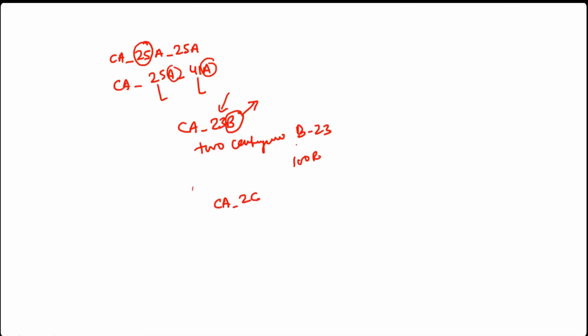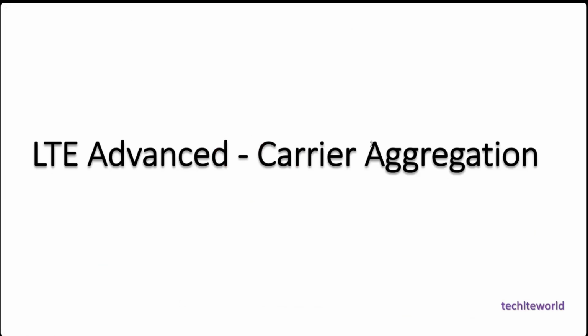Two contiguous carriers only from C. So how exactly are we going to read this?